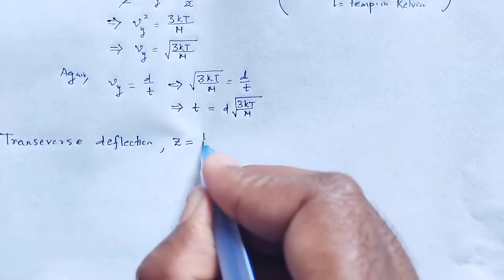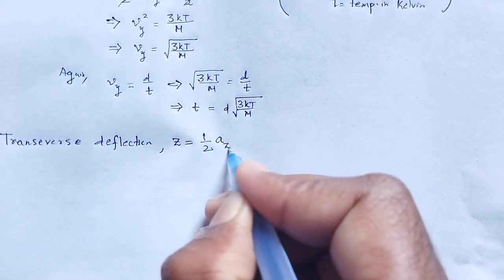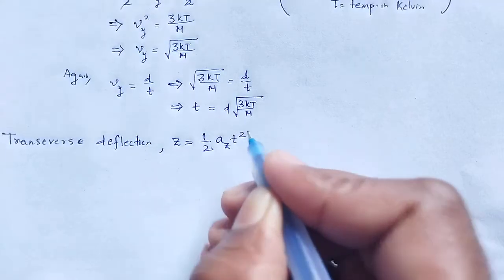So we use half, acceleration along z direction az, and t square.